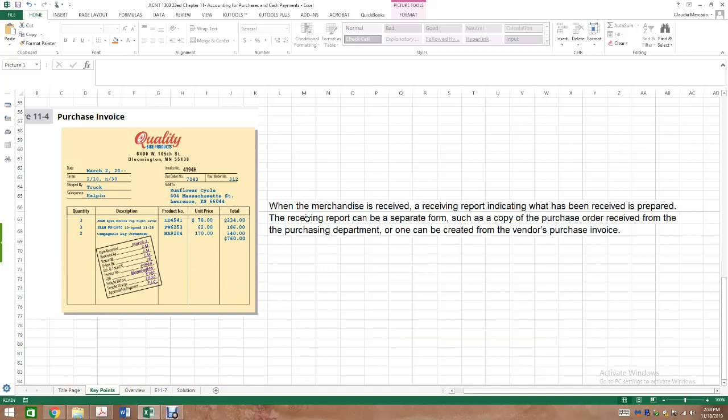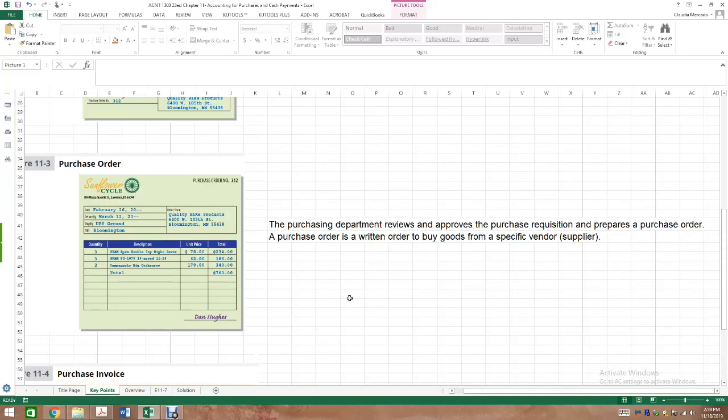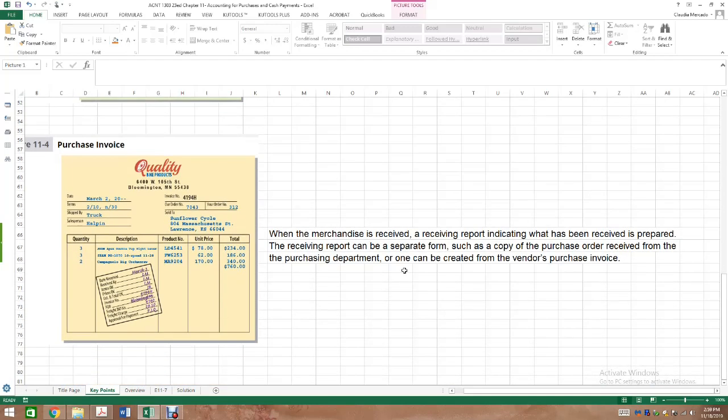Now, when the merchandise is actually received by Sunflower Cycle, okay, a receiving report must be prepared. Okay. Now, a receiving report can be a separate form. I've seen it where they create an actual receiving report, or there's other companies that just stamp the purchase invoice.